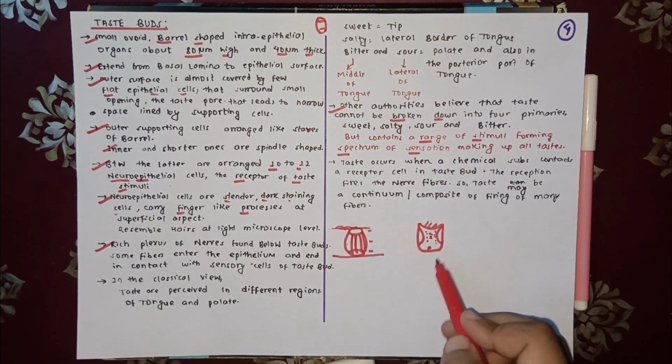About this picture, I think you have seen it in your school level books also. Sweet taste we perceive from the tip, salty from the lateral border, but that is quite a classical view.